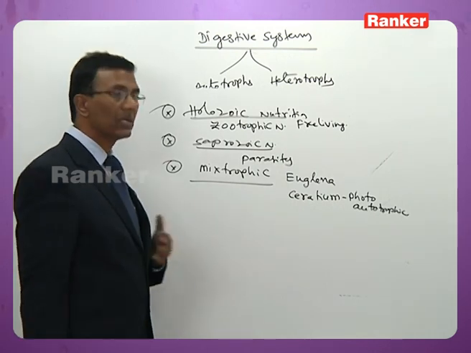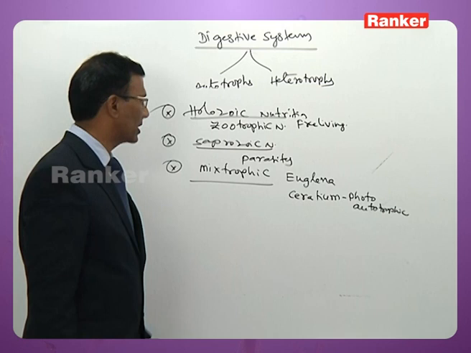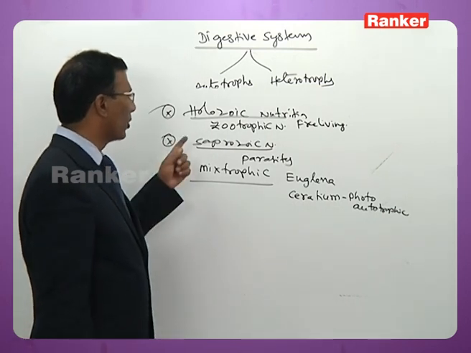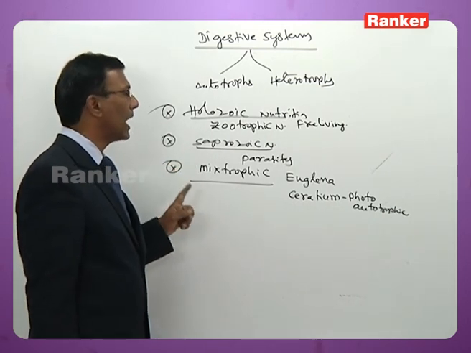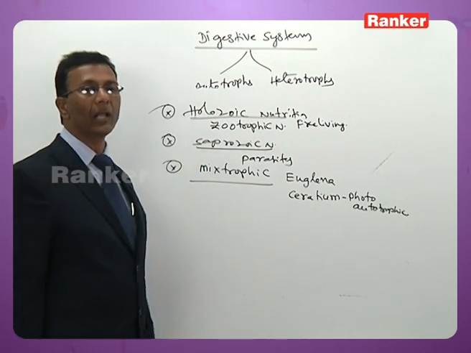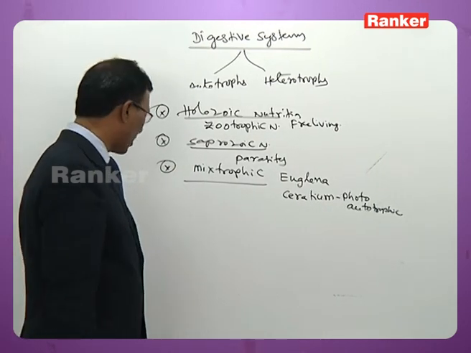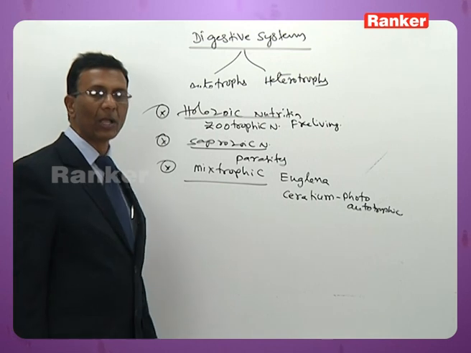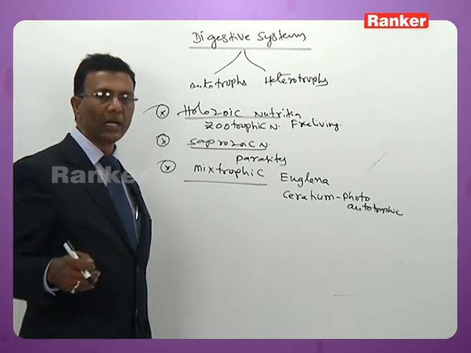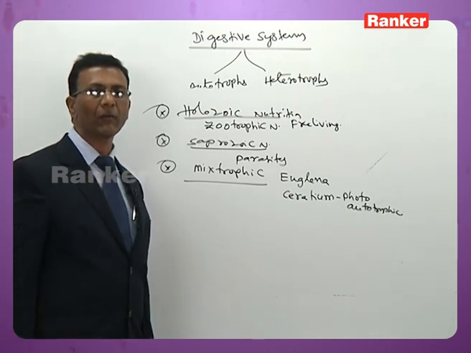There are several examples that come under mixotrophic nutrition. So like that you have holozoic nutrition, saprozoic nutrition, and mixotrophic nutrition. All three of them come under heterotrophic nutrition. Now we shall talk about the most important points with regard to the digestive system of the human body.